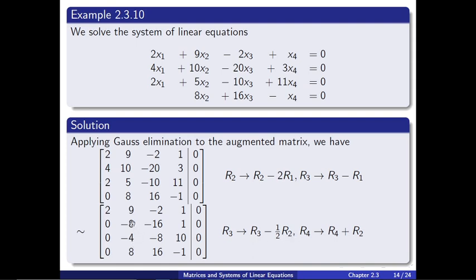So 4 minus half times minus 8, which is minus 4 plus 4, which is 0, and so on. So we can do the elementary row operation. For us to have 0 here, we say 8 plus minus 8. So therefore we have R4 plus R2, and then we get our 0.